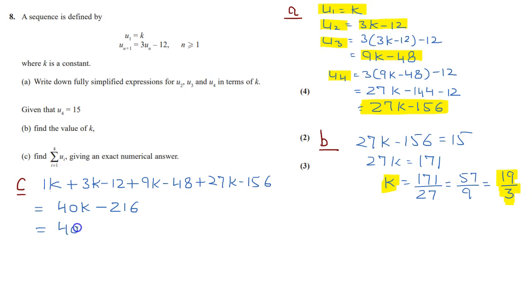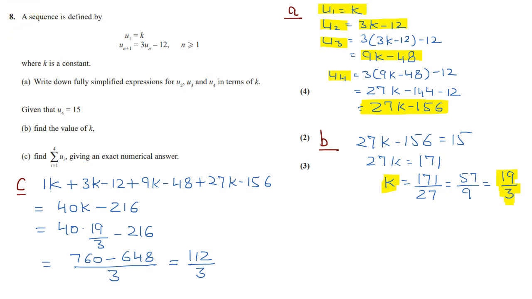So that will be 40 times k, which is 19 over 3, minus 216. So that will be 760 minus 648 over 3.